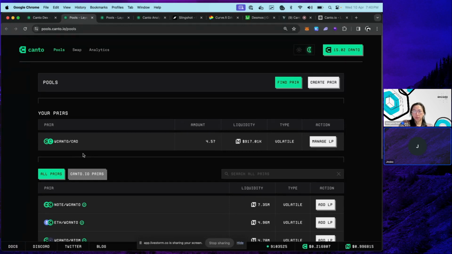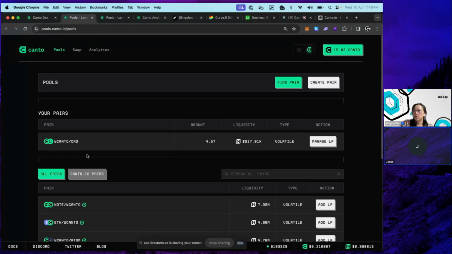They did their token launch recently on Canto, and this Canto DEX pool essentially is now used to trade Cadence on Canto, right? So Cadence was a big use case recently where they came in and created a pool on Canto DEX, which is now being used to trade the Cadence token, right?